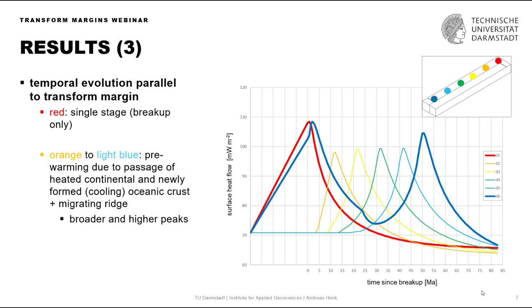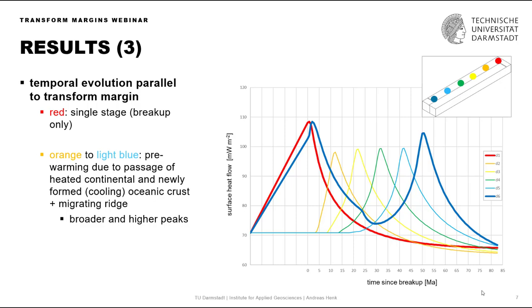The orange to light blue curves for points along the transform margin nicely illustrate this pre-warming effect mentioned earlier, as the heat flow peaks gain height and get broader with time since breakup and with distance along the margin, respectively.